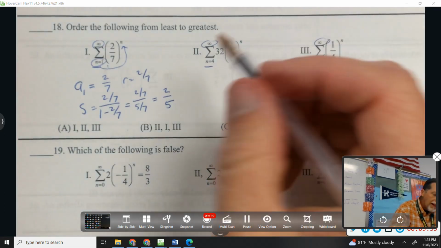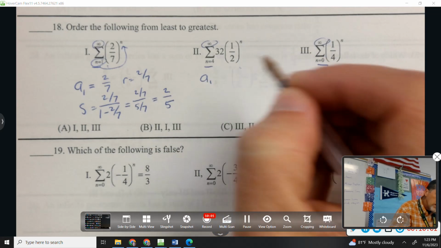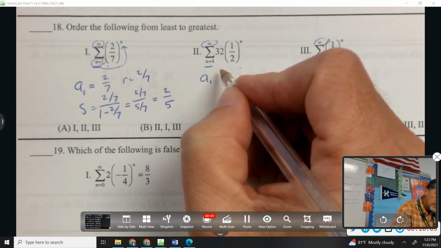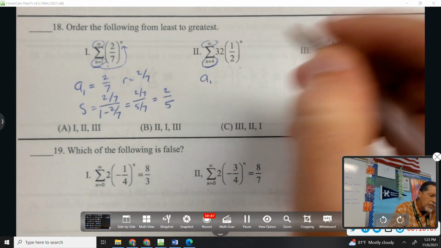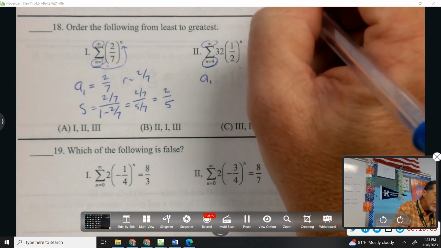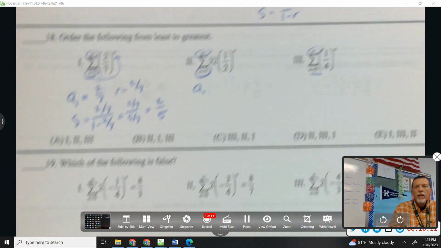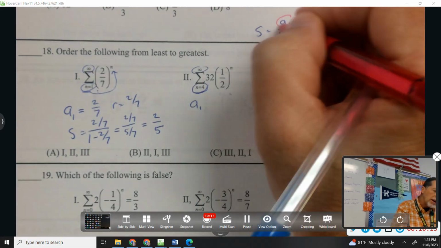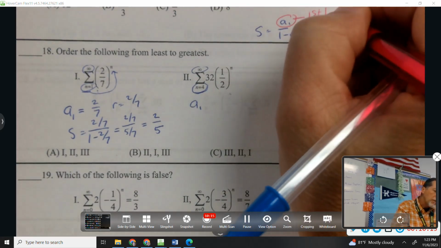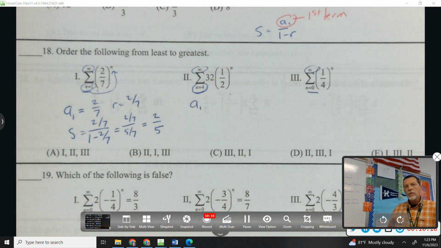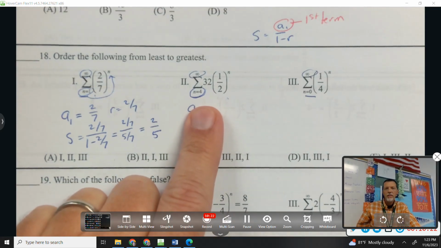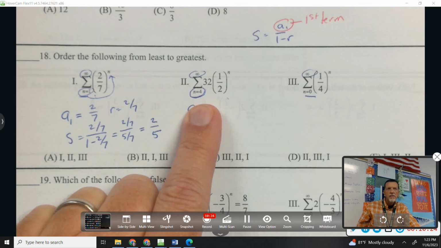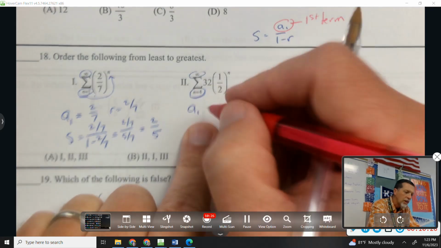Alright, number 2. If I want the first term, this is a little bit misleading about that formula: a1 does not mean plug in 1. It means the first term. So what am I going to plug in to get the first term of this series? 4, because that's the starting number.